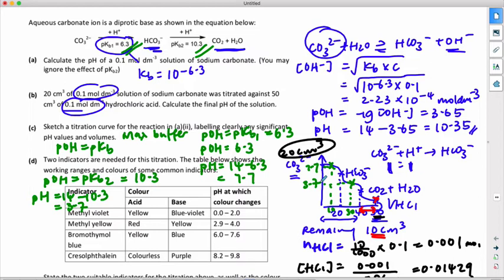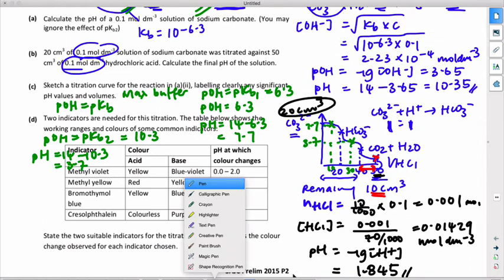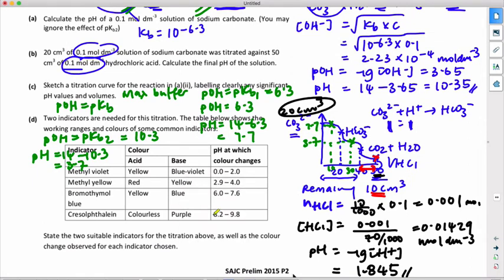2 indicators are needed for this titration. The table shows the working ranges and colors of some common indicators. They are asking to state 2 suitable indicators for the above titration. So we need an indicator that changes color somewhere around here and somewhere around here.